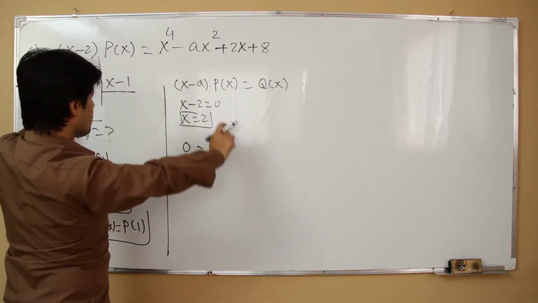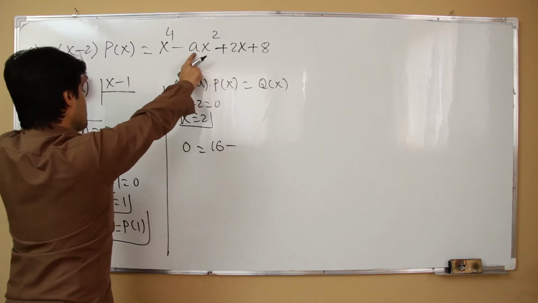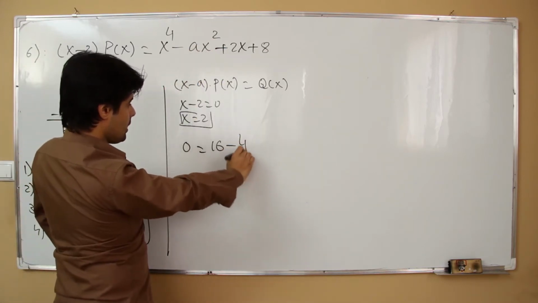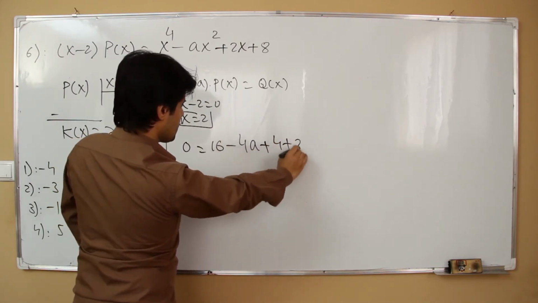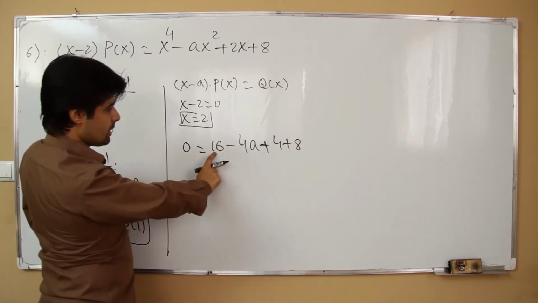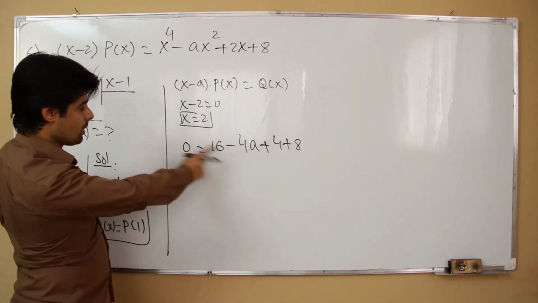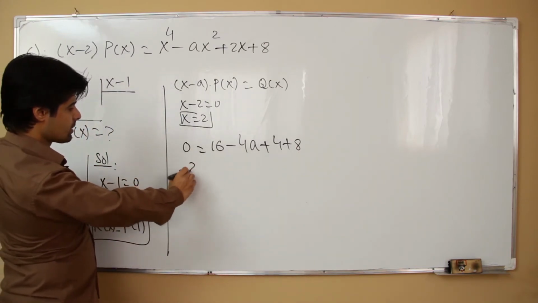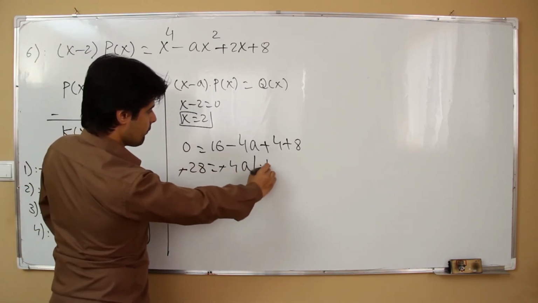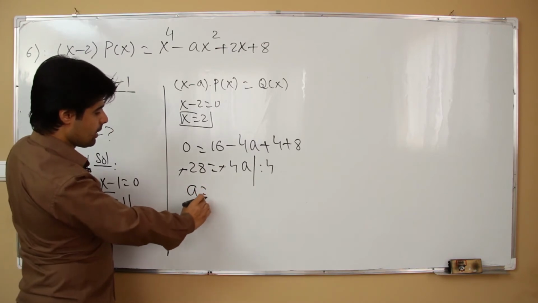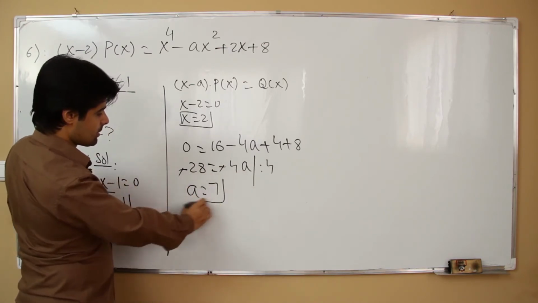2 to the power 4, I think it's 16. Minus 2 squared, 4a, plus 2 times 2, 4, plus 8. Now 16, 4 with 8, 12, 12 with 16, it's 28. Put this one to the left side, it's minus 28, minus 4a. Then divide both sides by 4 to find a. A is equal to 28 divided by 4, it is 7.